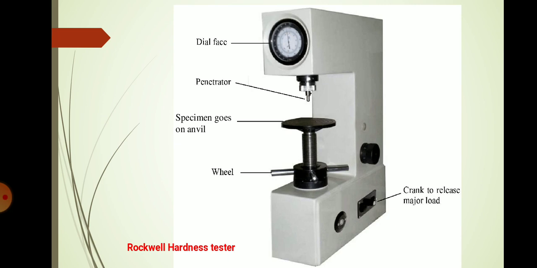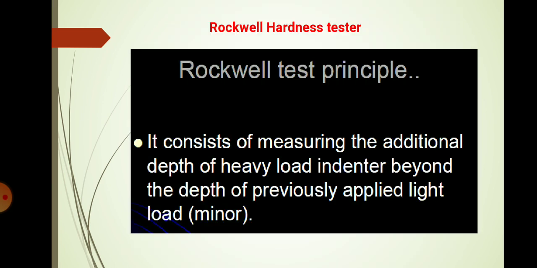That hydraulic load can be applied or removed through the crank at the base of this machine. At the backside of this machine there is a chart in which the different scales are given, which are used for different kinds of material. Generally B and C scales are widely used for different materials. What those are we'll see afterwards. So this is in general the machine called a Rockwell hardness tester, over which we are testing the hardness by the Rockwell hardness testing method.